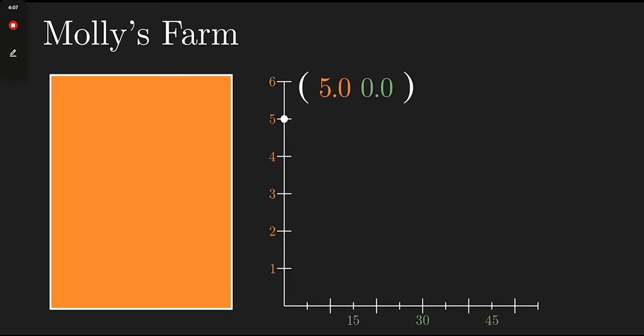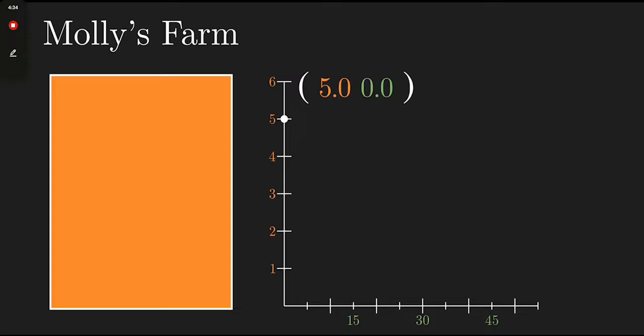So we have a point here that represents how many units of carrots on the vertical axis and how many units of spinach on the horizontal axis. Because she's spending all of her time and land growing carrots, she grows 5 units. And because she's spending none of her time or space growing spinach, she's growing 0 units of spinach.